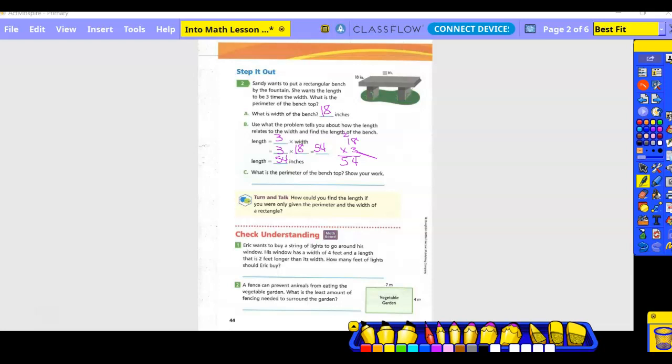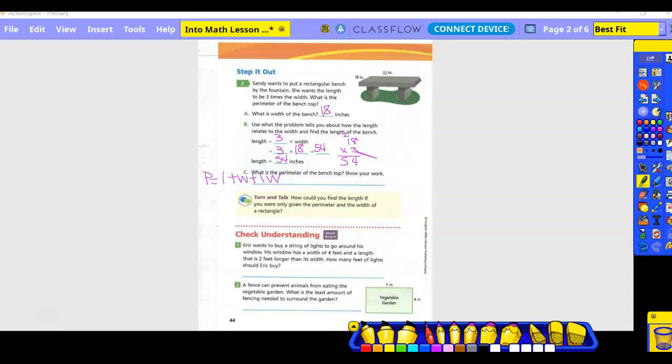Letter C, what is the perimeter of the bench top? Show your work. So this is where we can do our equation, where we either do P equals L plus W plus L plus W, or you can do P equals 2 times L plus 2 times W. Which would you like to do? The first one you said. The first one I said? Okay. So P equals length plus width plus length plus width.